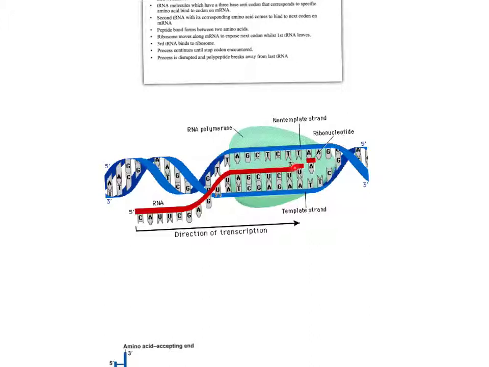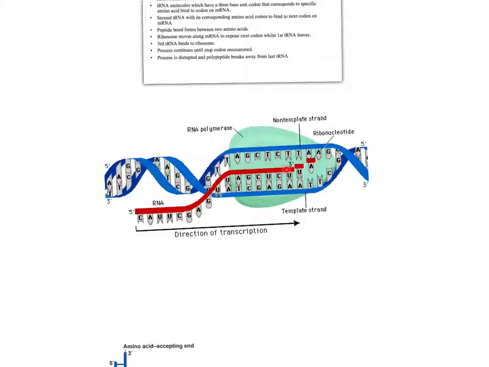Remembering that the base pairing is slightly different, we don't have the base thymine with RNA, we have the base uracil instead. So A on the DNA base pairs with U there. C and G base pair in the same way as they do in DNA. That's something that you learned at AS, but just to remind you of that.